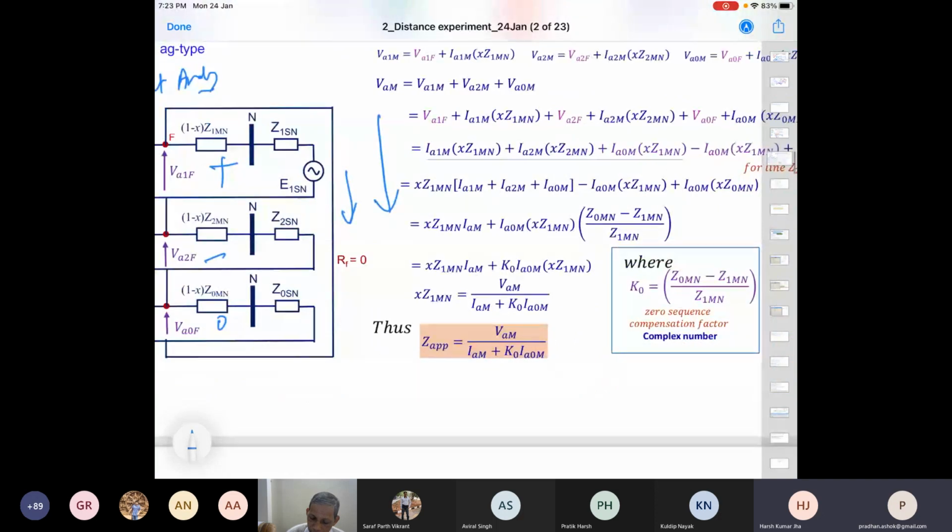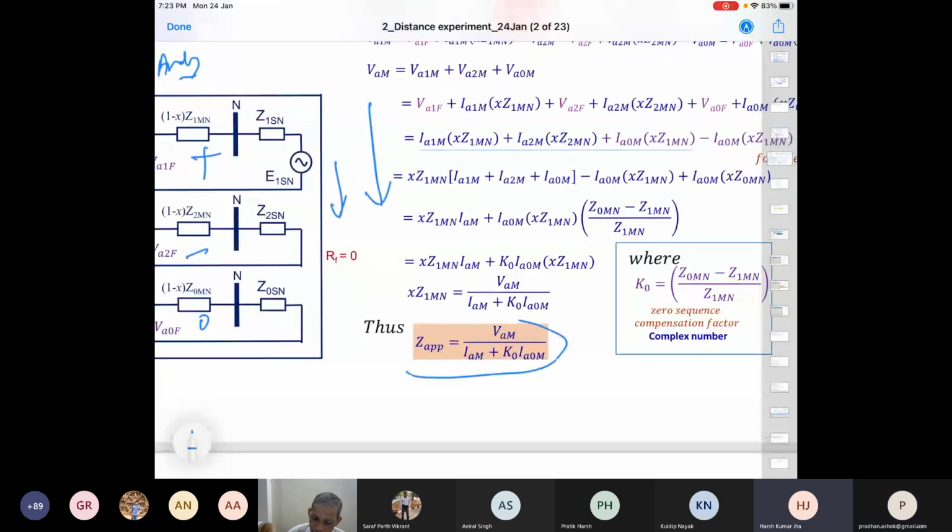So from this analysis, the apparent impedance or the seen impedance by the relay, because the target is for the distance relay to get the corresponding positive sequence impedance for zone 1. For zone 1, don't confuse this one.